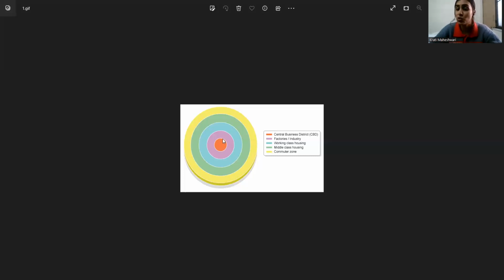These are essentially the blue collar workers who could not afford to commute a longer distance, so they live near the industries. So we see that all these slums and areas which are infrastructurally deficient are located in the purple as well as the light blue ring, right? As we move further away from the central business district, we find that more affluent people are living in the outer zones.